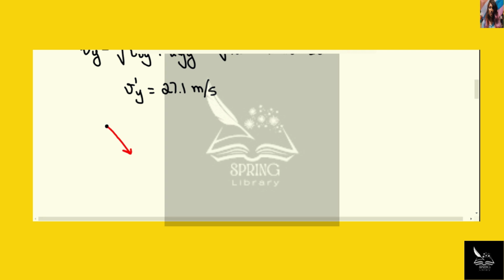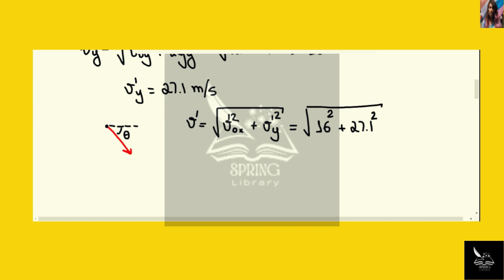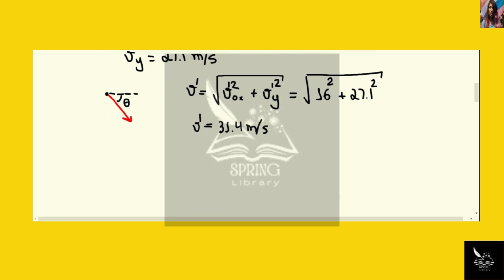So when the car reaches the ocean, it has a speed that is equal to V prime squared equals V0x prime squared plus Vy prime squared, and this is equal to 16 squared plus 27.1 squared, and this is 31.4 meters per second, while the angle theta that it makes with the horizontal, theta is the arctangent of Vy prime divided by V0x prime.